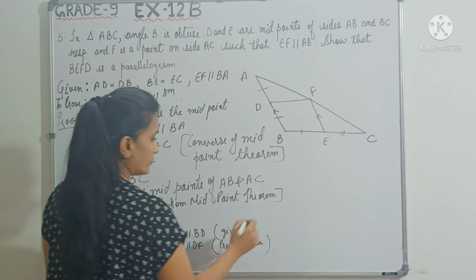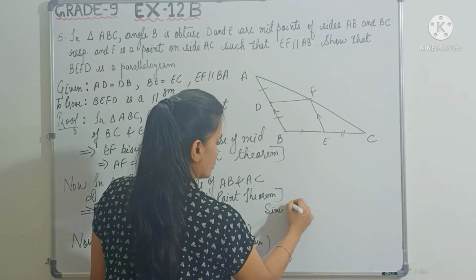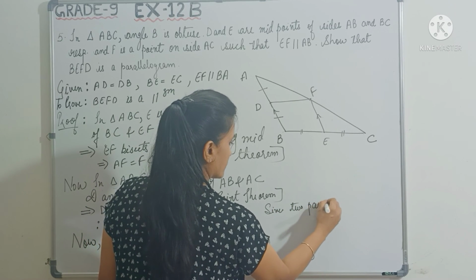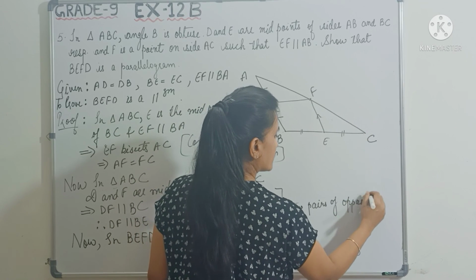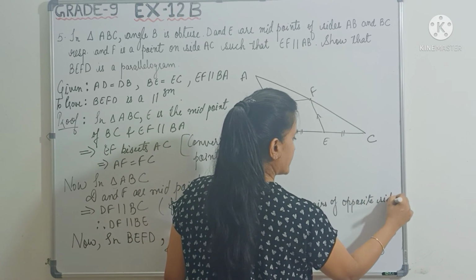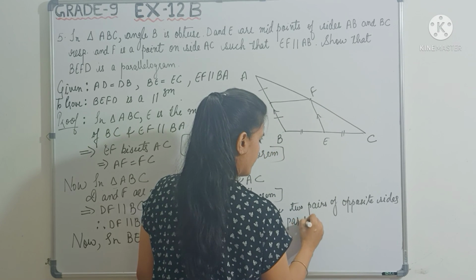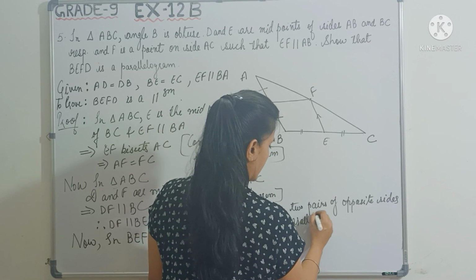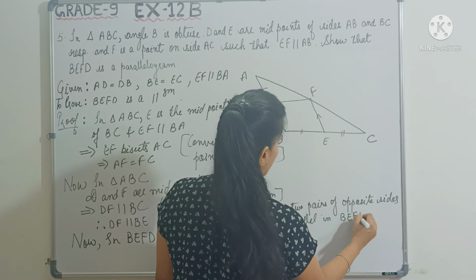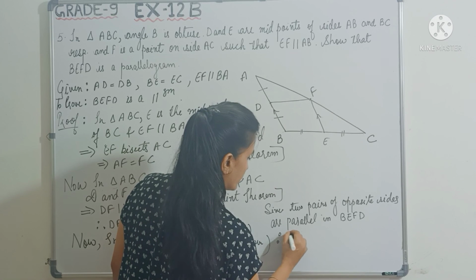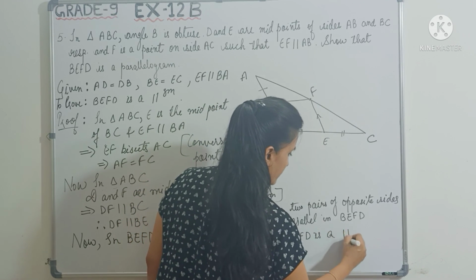So you can write down, since two pairs of opposite sides are parallel in quadrilateral BEFD, therefore BEFD is a parallelogram.